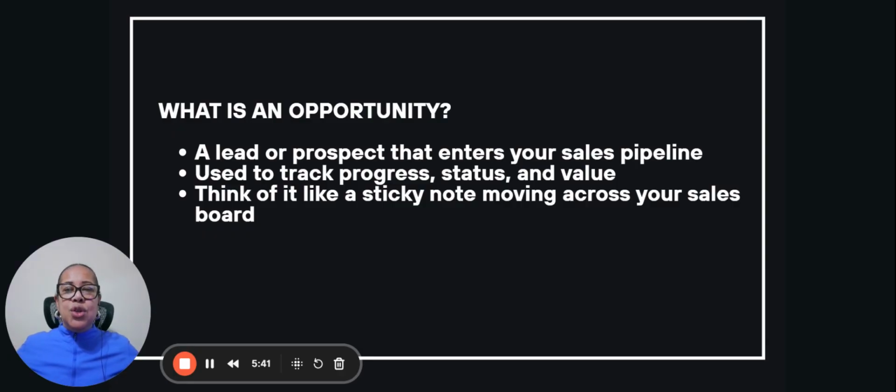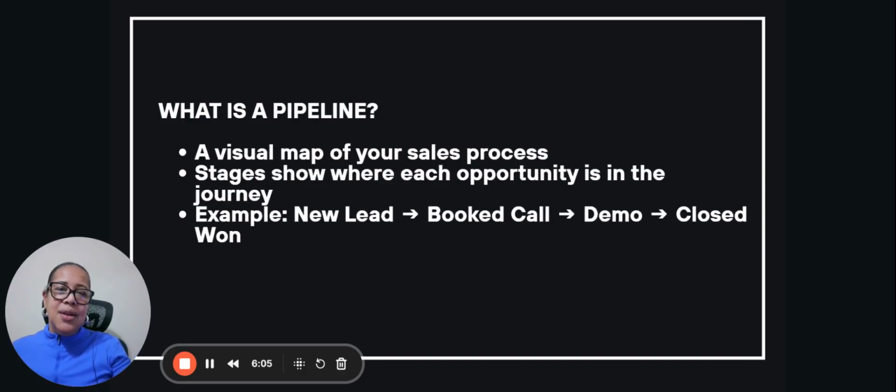If you were to go in the Go High Level platform, you'll see that, depending upon what pipeline you have, you can move a person from one step to the next step. And that is considered an opportunity. As soon as a person enters your pipeline, there's an opportunity for you to close them. So they're considered opportunities. Now, what is a pipeline?